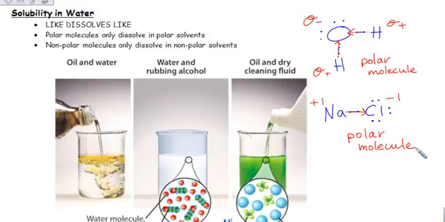So some of the examples that they're giving me in these pictures: we all know water and oil don't mix. Water and oil are not soluble. And now I know that water is a polar molecule. So even though they're not telling me the chemical structure of an oil molecule, I could at least tell you that the oil is nonpolar, because water and oil are not soluble.